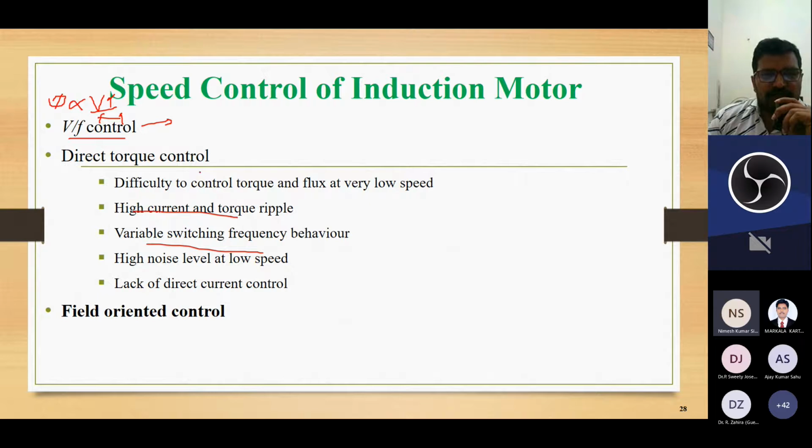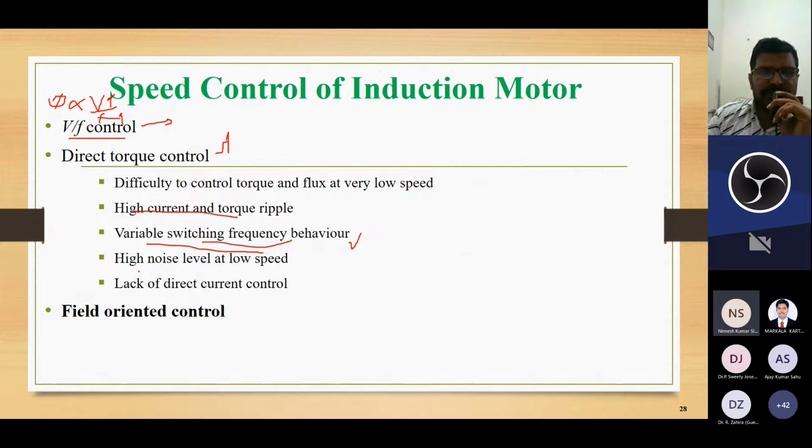Here the control of the inverter is done with the help of switching on and off. With variable frequency behavior, designing a filter becomes difficult and the cost of the filter also varies.